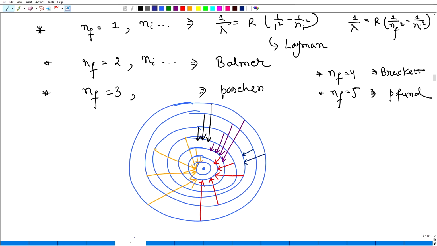In the next part I will discuss Bohr's success and failure, and we'll later discuss the ionization energy and the ionization potential. Then we can say that this part, Bohr's atomic theory part, will be completed, and the next target will be the X-ray part. Okay, so let me stop here in this part. We'll continue from here in the next part.